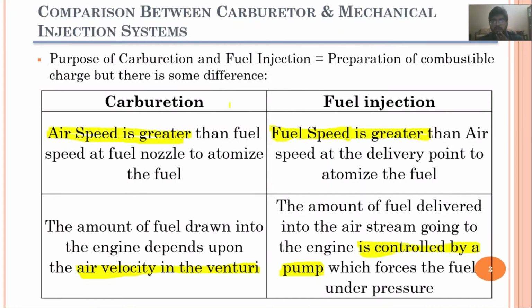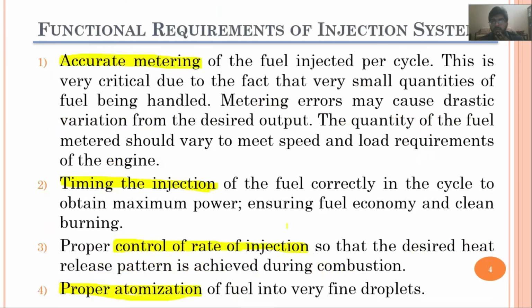Then we studied the difference between carburetors and fuel injectors. Then we studied some of the functional requirements of the injection system. These are the requirements which the injection system would be fulfilling.